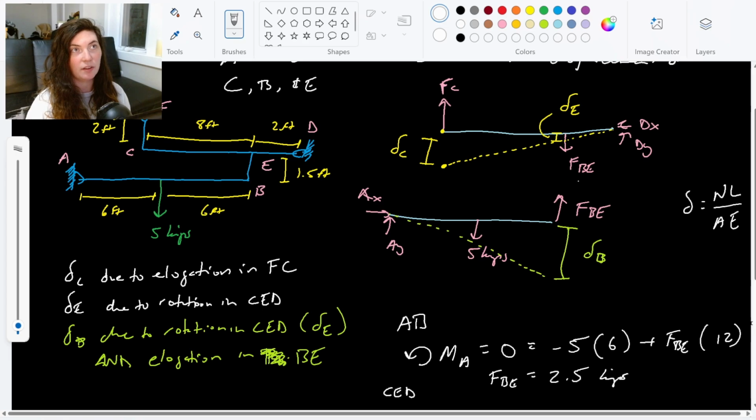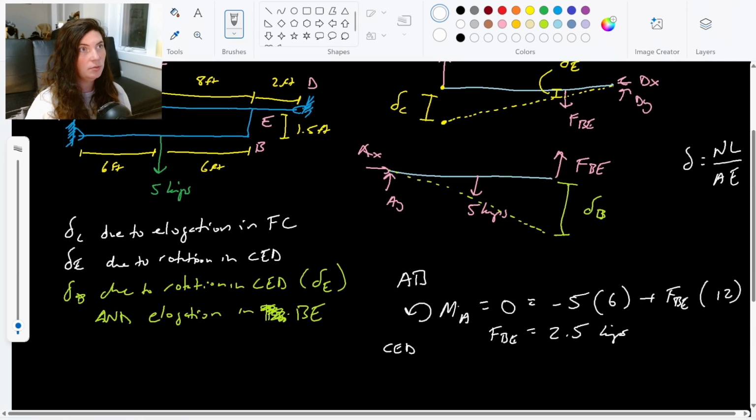So since that's my only other unknown in here, we're going to take a moment about point D for just that rod, right? These are two separate individual statics equations that I'm doing, two completely separate systems or sections that I've broken out of the system.